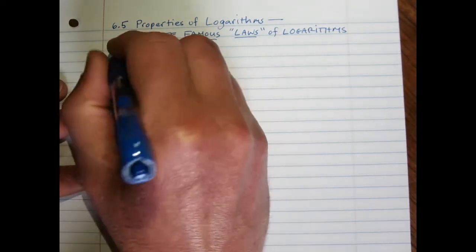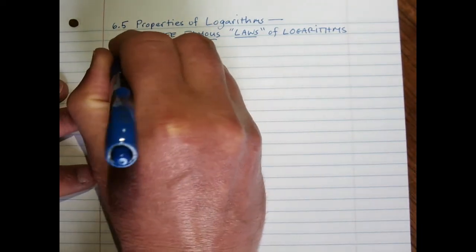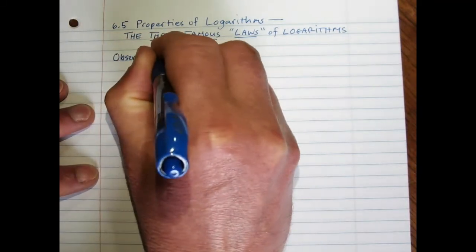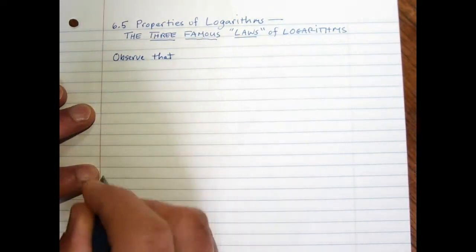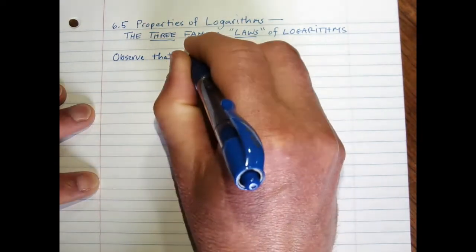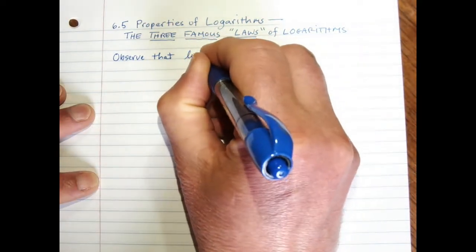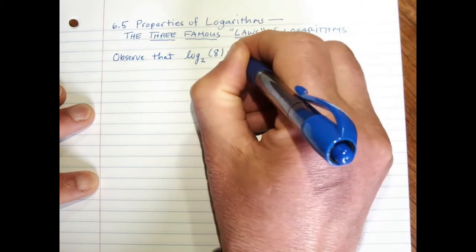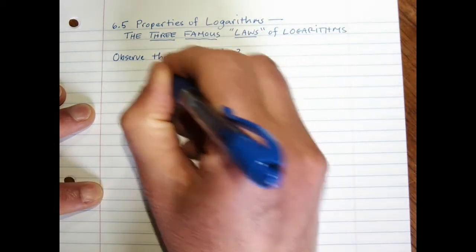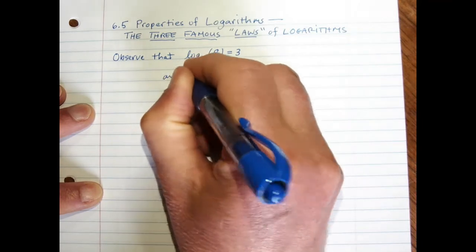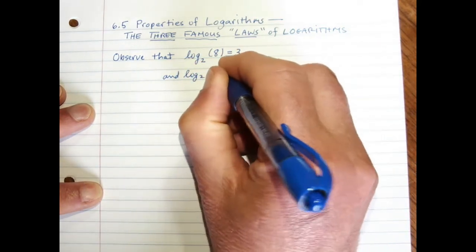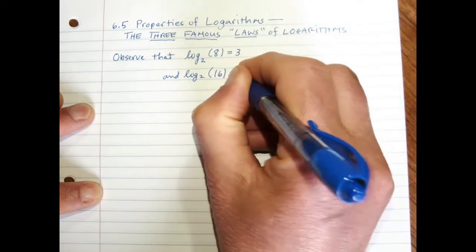So I'm going to start out with an example. Observe that log base 2 of 8 is equal to 3, and log base 2 of 16 is equal to 4.